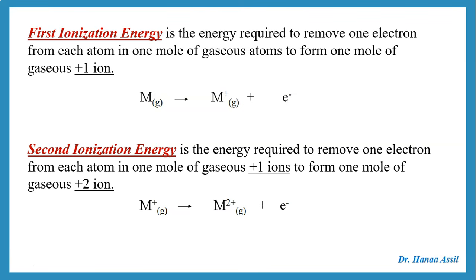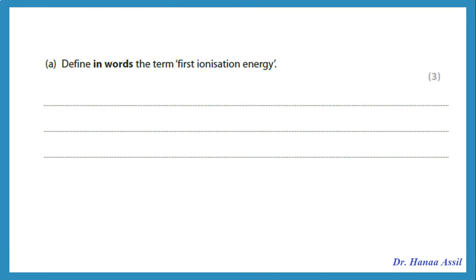So in this case, I'm starting with something that is plus 1. I'm going to remove 1 electron and turn it into a plus 2 ion. This is called the second ionization energy. And then you can imagine what would be the third ionization energy. Third ionization energy would be removing the electron from the 2 plus ion in order to form a 3 plus, and so on. So these are called successive ionization energies.